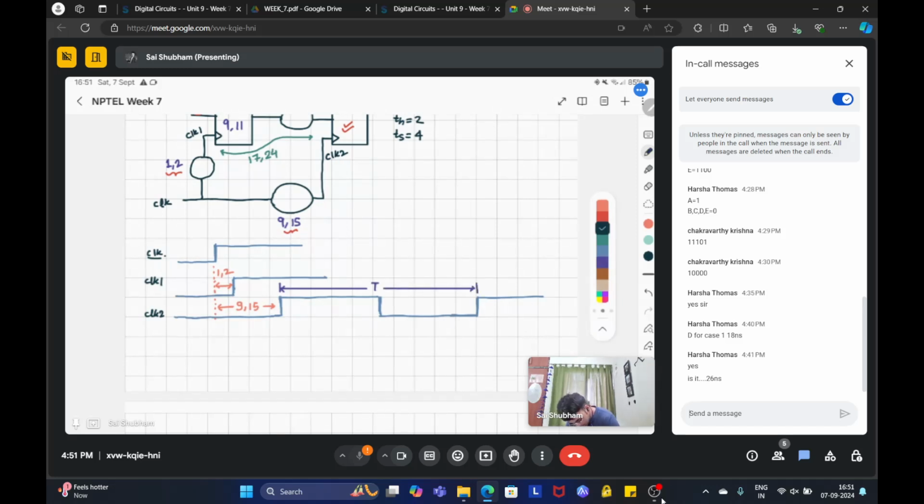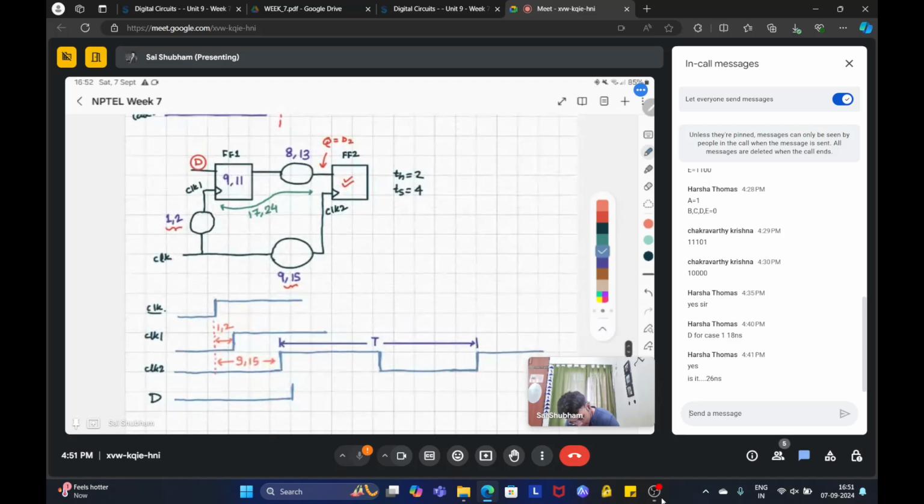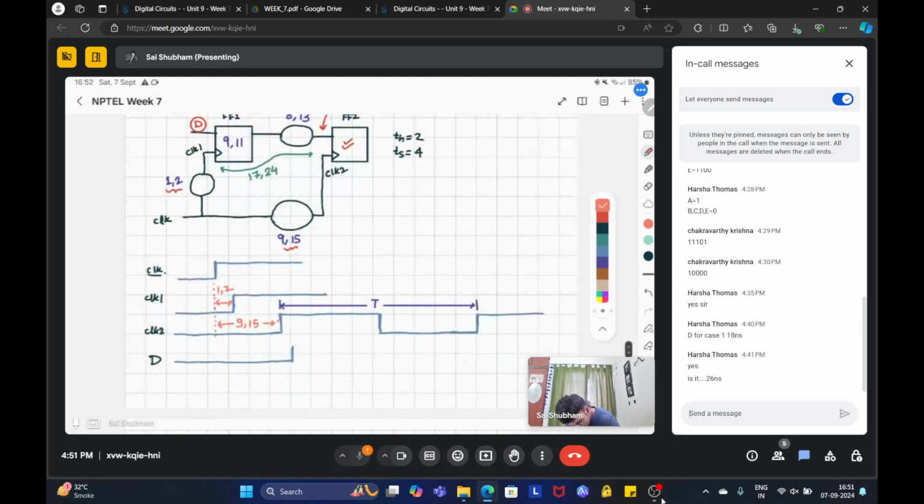Let's look at data D. The first requirement is that the data D should not appear immediately after this clock edge, because it can violate the setup time.